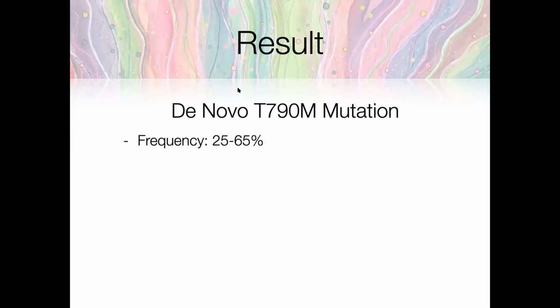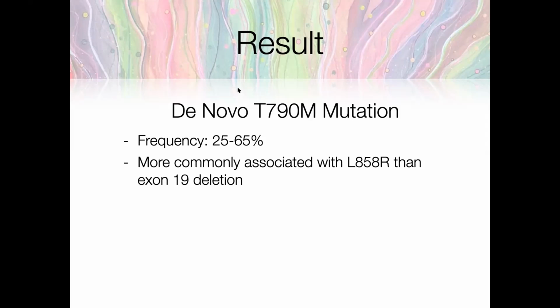De novo EGFR T790M is surprisingly common, and depending on the sensitivity of the detection methods used, the frequency has been reported to be 25 to 65%. It is more commonly associated with the L858R mutation than with the exon 19 deletion, just like our patient.